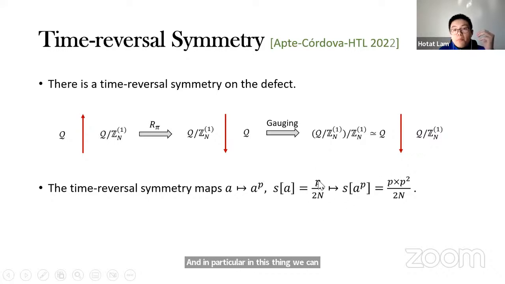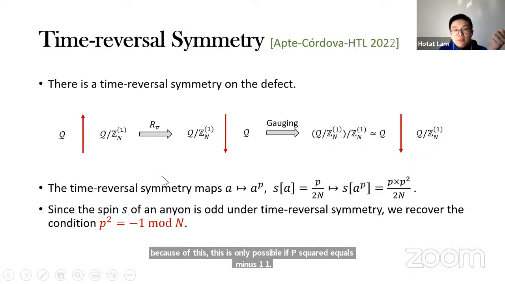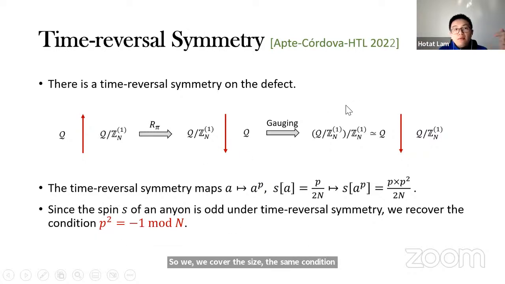The spin will change from P over 2n to P cubed over 2n. Remember that this is a time reversal symmetry, so the spin of an anyon is odd under it. Because of this, this is only possible if P squared equals -1 mod n. So we recover precisely the same condition that we had before for self-dual SPT. This connects the condition for self-dual SPT to the condition for time reversal symmetry in a minimal abelian TQFT.